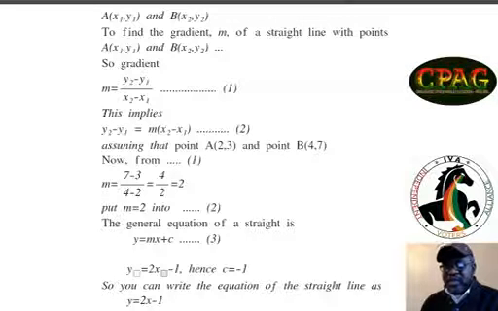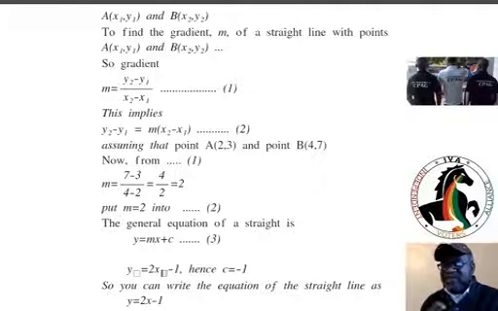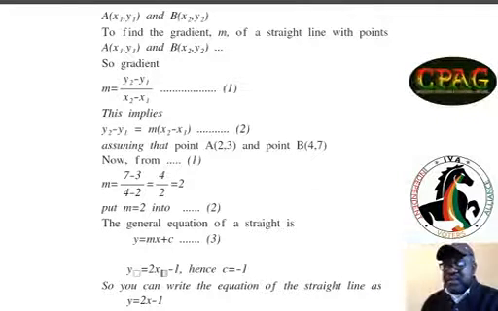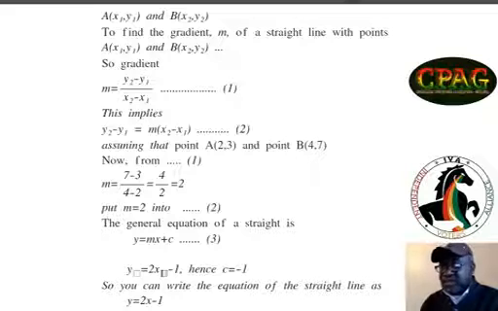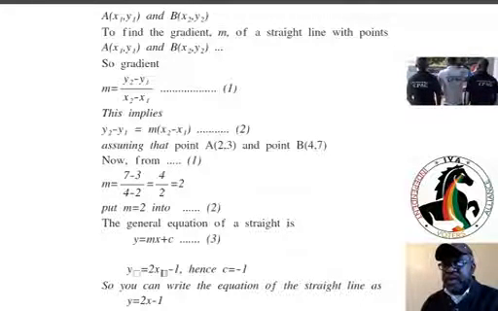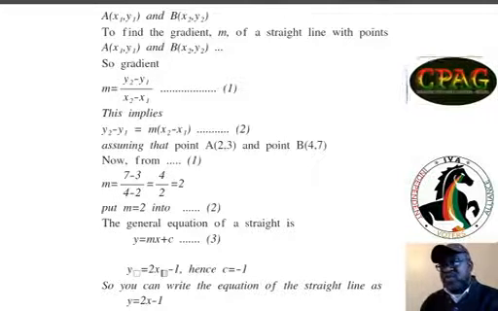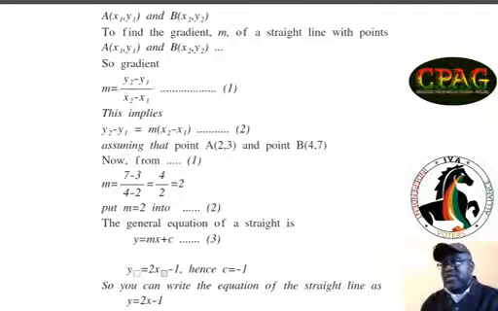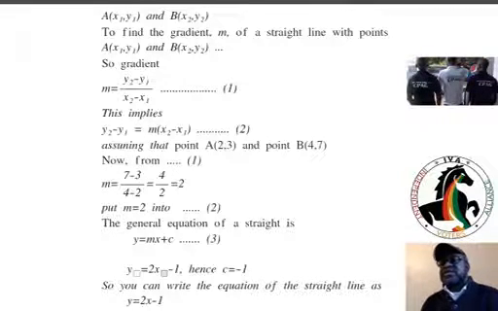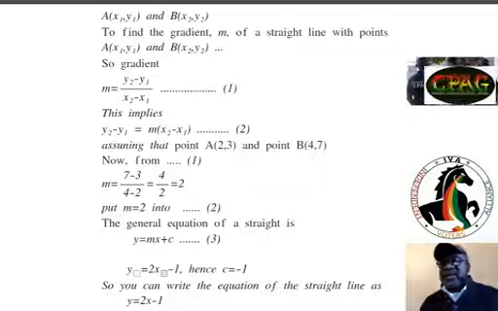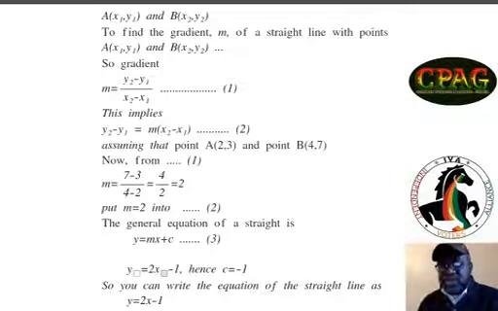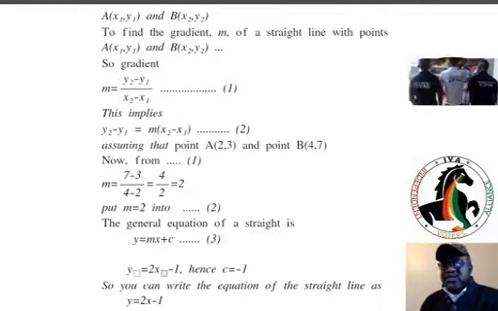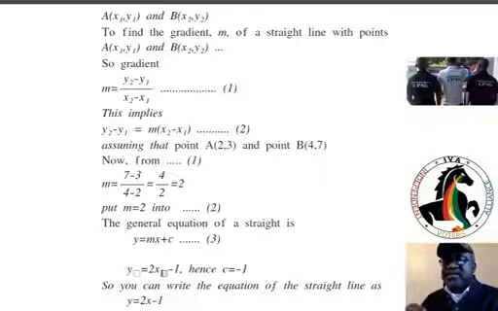That is the gradient. c is the y-intercept, when x is equal to 0, which is where the line crosses the y-axis. Any line crosses the y-axis where x is equal to 0. So c is the value when x is equal to 0.